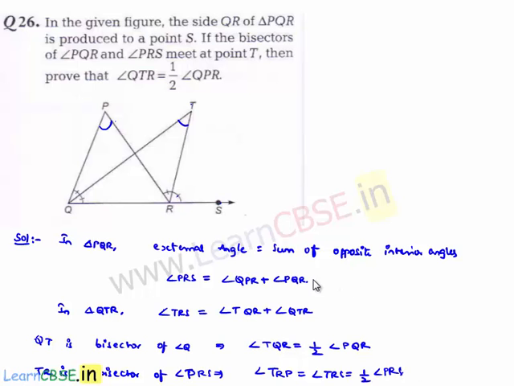Now let us name these equations as 1, 2, 3 and 4. Here we have angle TRS is equal to half times angle PRS.